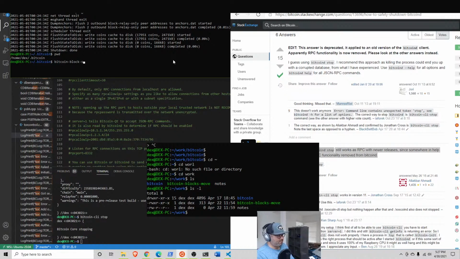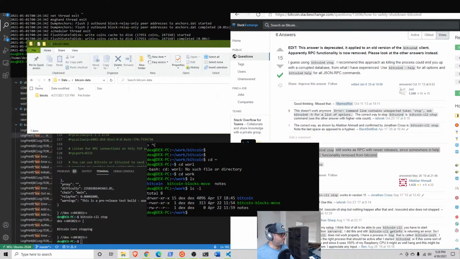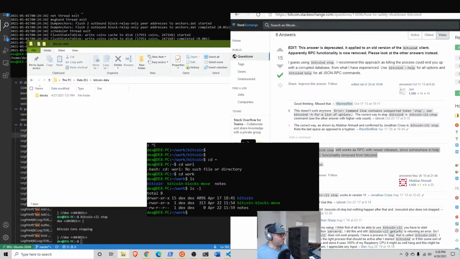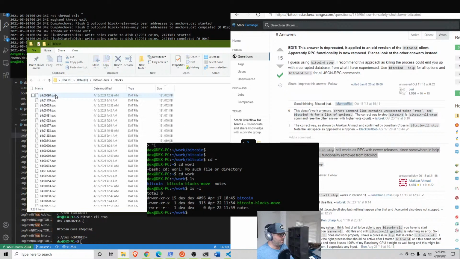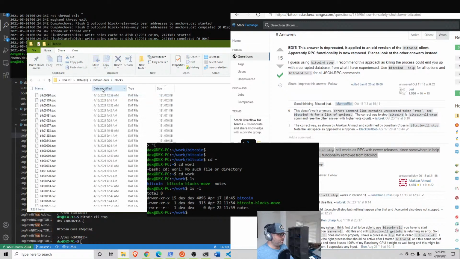Okay, what is this gonna do? Bitcoin blocks move is gonna move all our blocks from our SSD to our D drive, D Bitcoin data blocks. So, date modified.